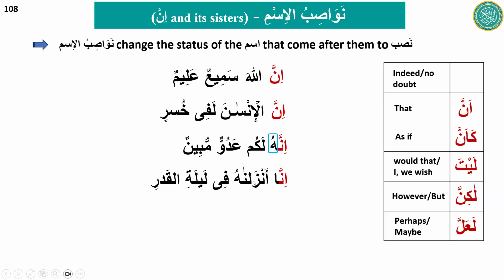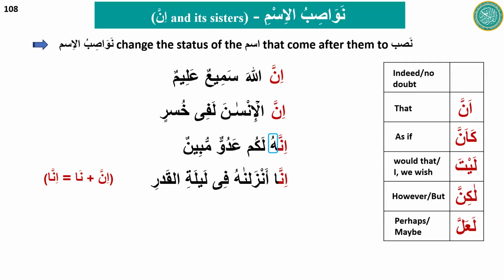Let's continue. Inna anzalnahu fi laylatil qadr. Inna is made up of inna plus na. Inna plus na is inna. Inna means indeed we. Okay. So again, the same question. Where is the mansoob ism because of inna?